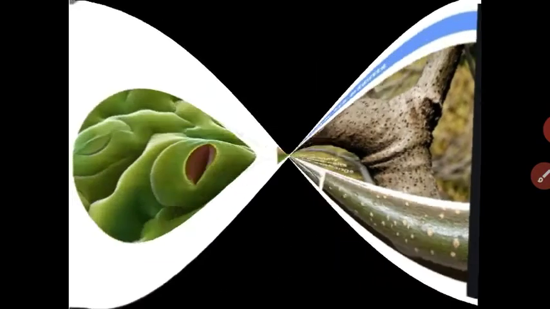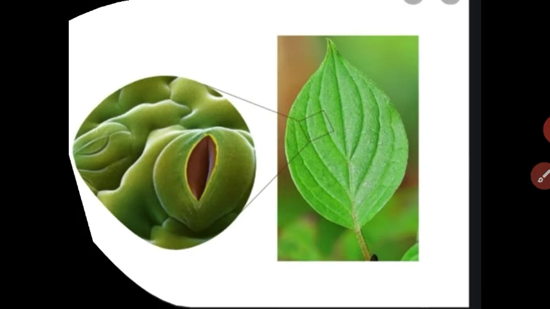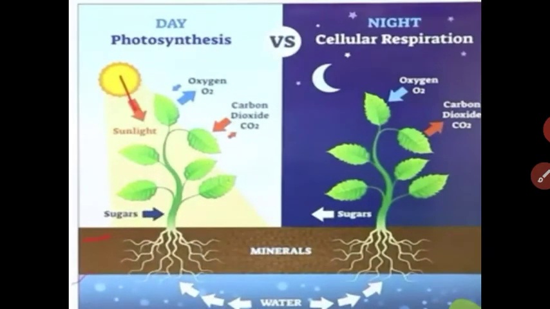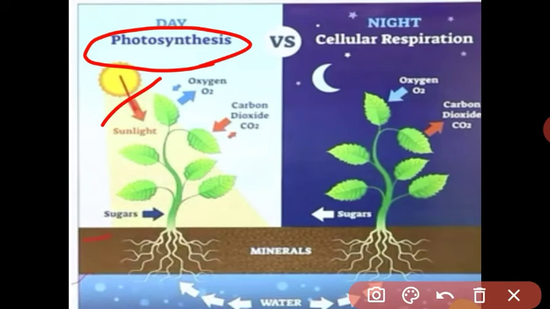The stomata are open only during the daytime. In the night time the stomata are closed. So see, in the daytime, in the presence of sunlight, the plant makes its food by photosynthesis.